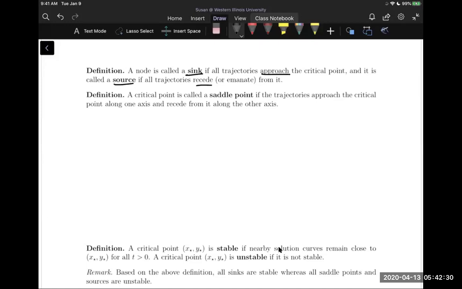So let's see what this is going to look like. We just need one set of axes here. Again, I'm just going to make my critical point at the origin. We want to approach our critical point along one set of axes, and we want to recede from it along the other. And fill in the quadrants according to these lines.